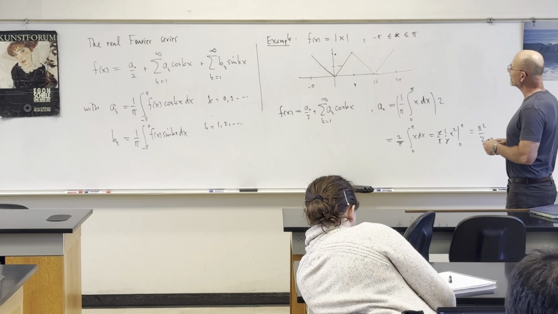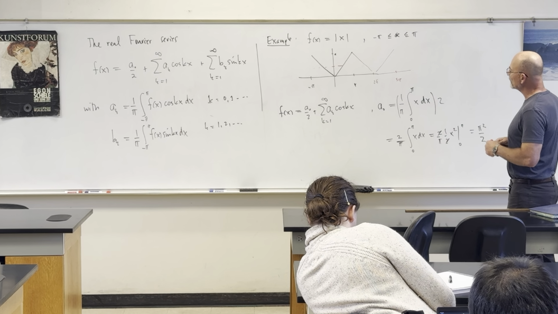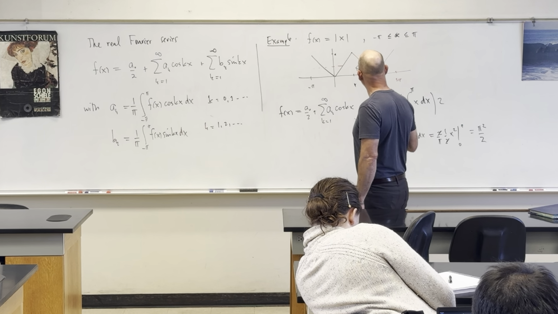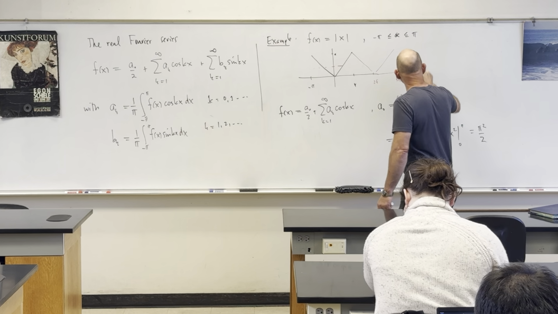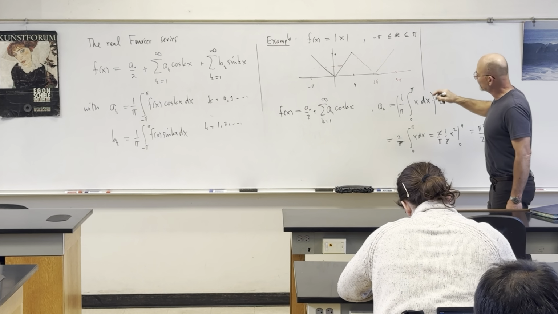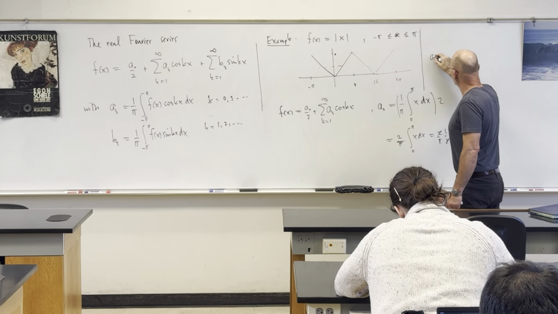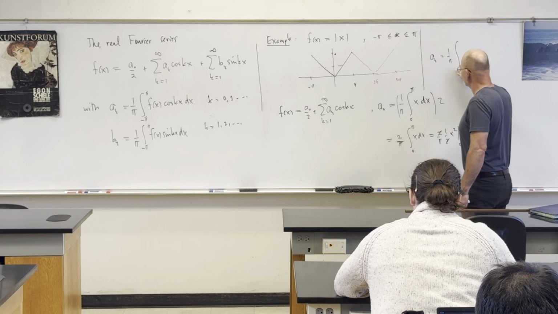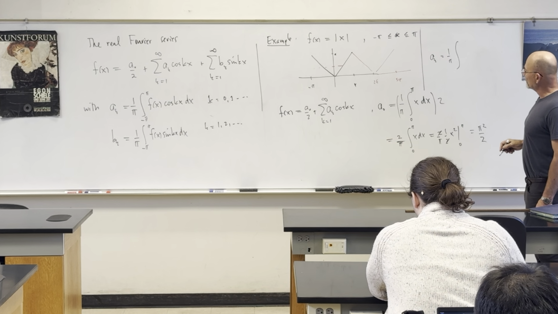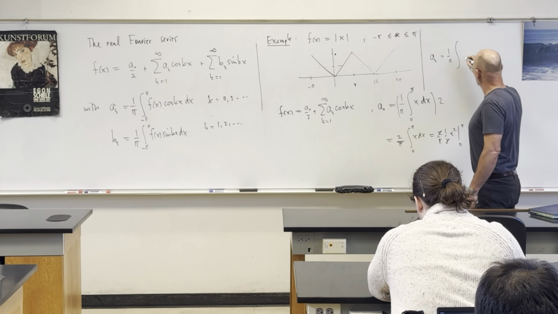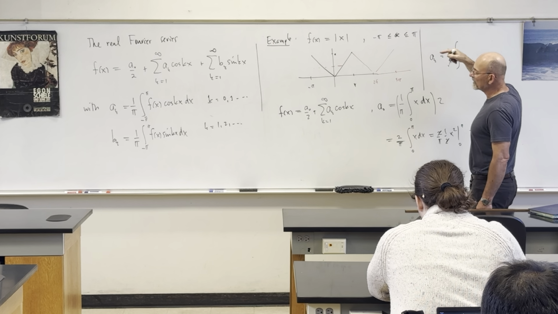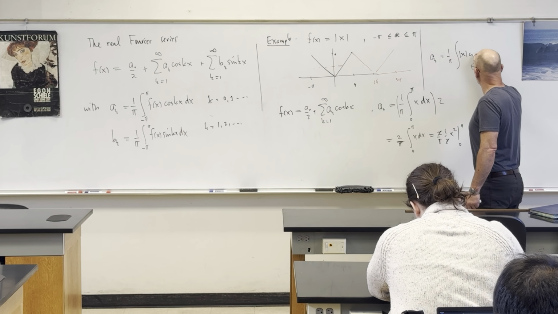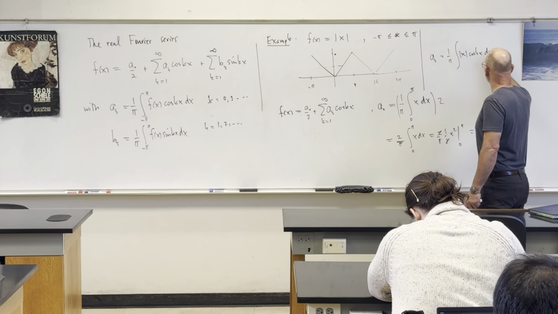Yeah, so we've got that. What about the other ones? Other ones we have to be a little more careful, but they're all just a sub k, so we will have a sub k equals 1 over pi, and what we can do is, f of x is x, so x cosine kx dx.